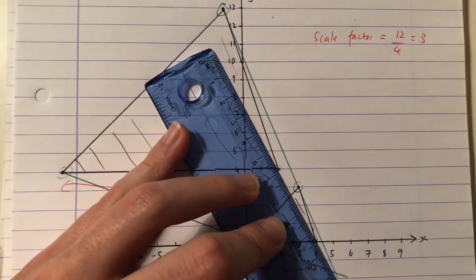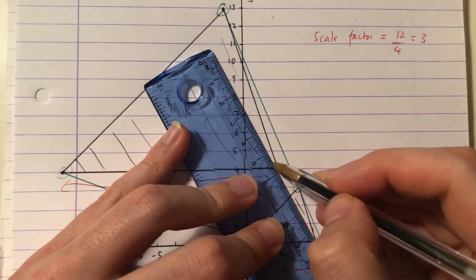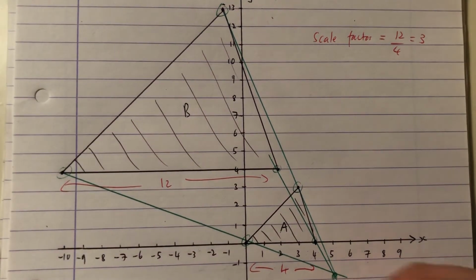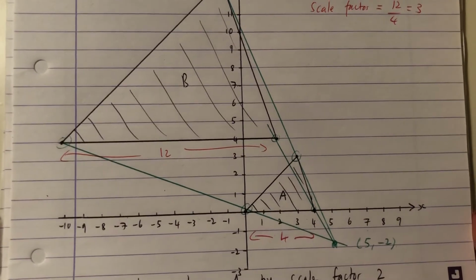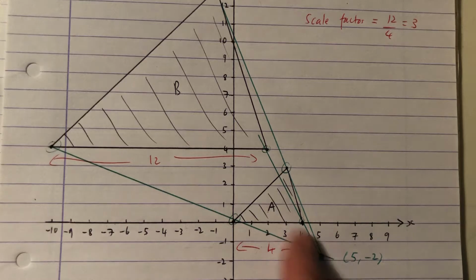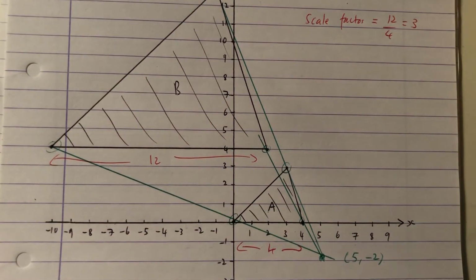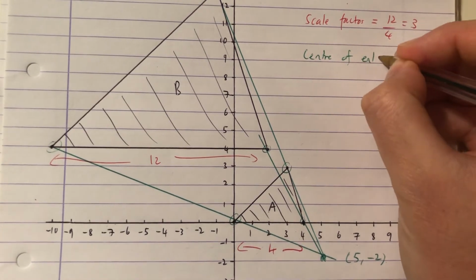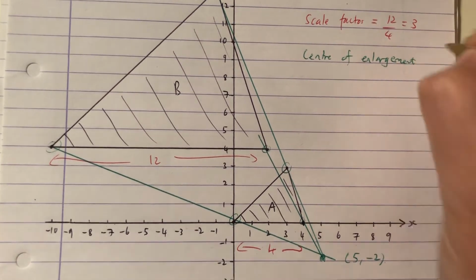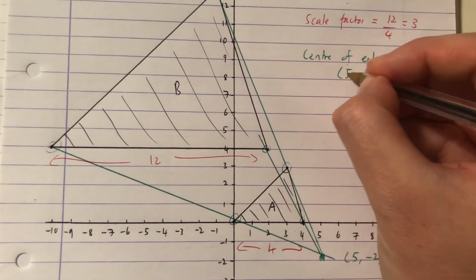If you do this perfectly, they should all go through exactly the same point, which is there for me, which is, if I drew this perfectly, 5, -2. So all of the corresponding corners end up going to one unique point, and that unique point is effectively where the torch, if you like, is positioned, and that, in maths terms, is called the centre of enlargement. So centre of enlargement is equal to 5, -2.